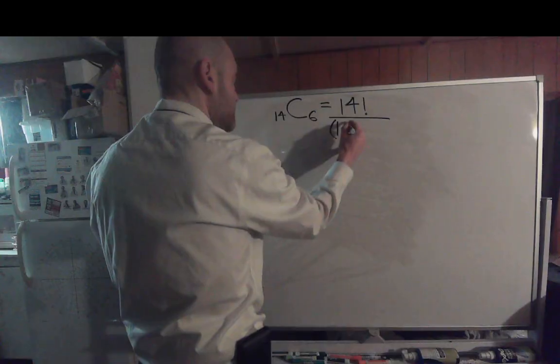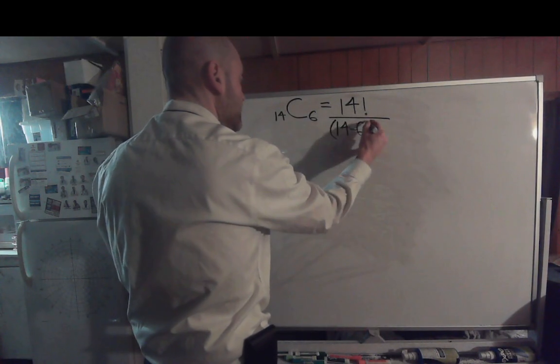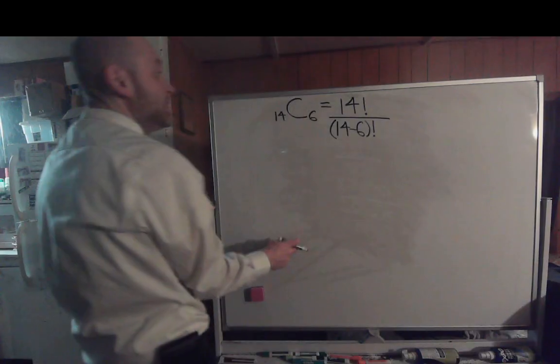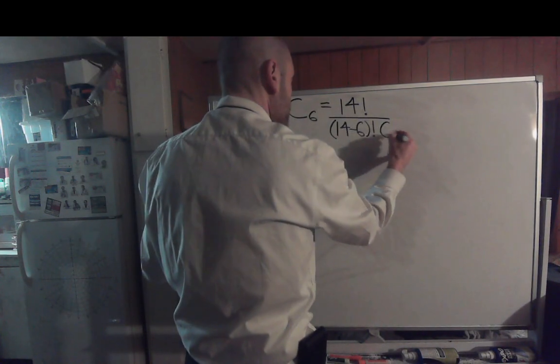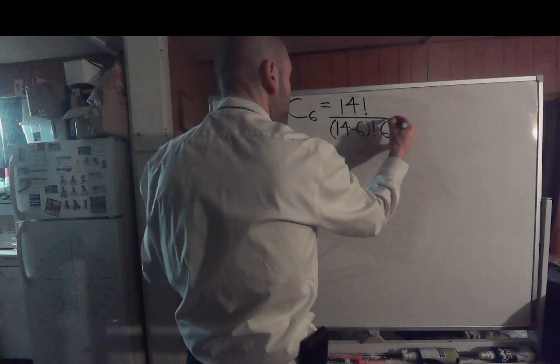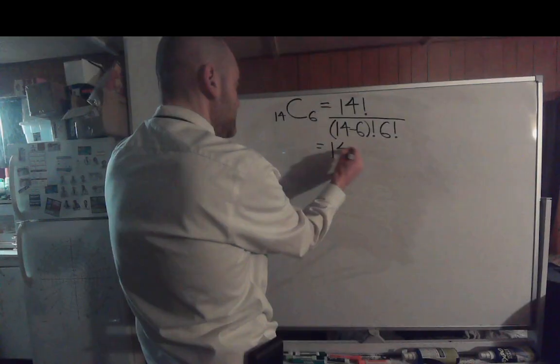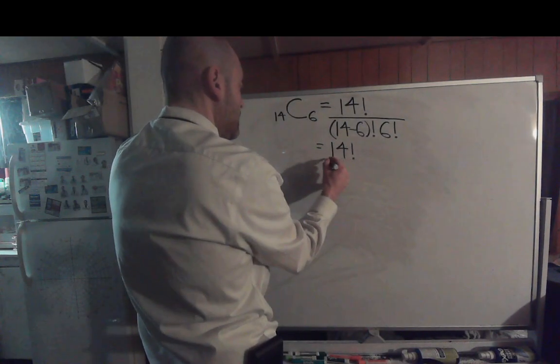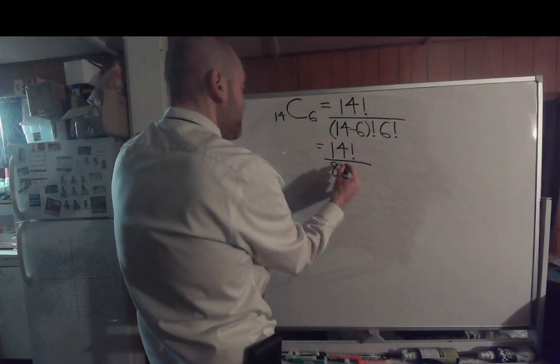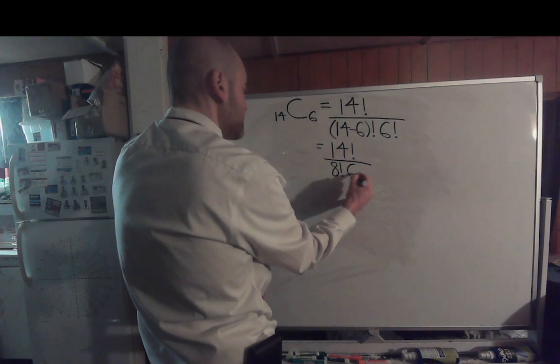So that'd be 14 minus 6 quantity factorial times my r factorial, which is 6 factorial. All right, so this will turn into 14 factorial all over 8 factorial times 6 factorial.